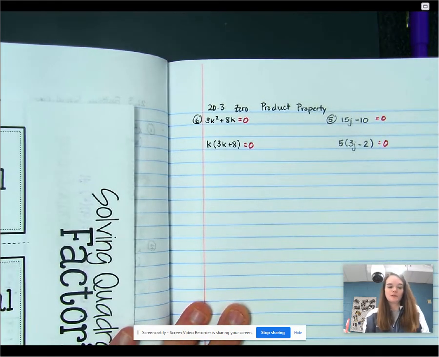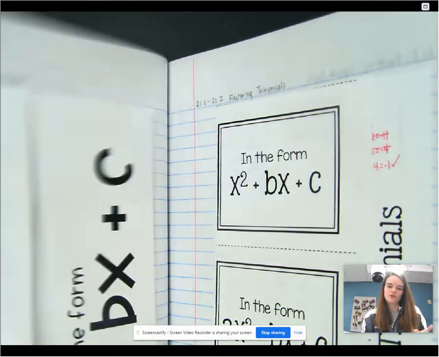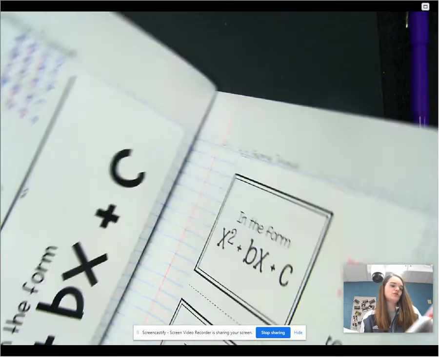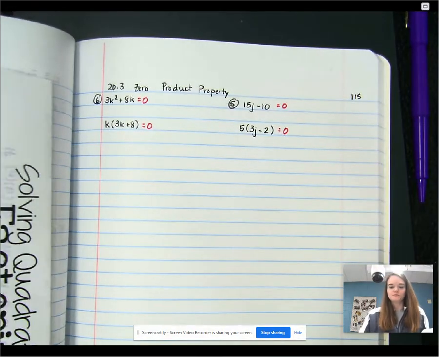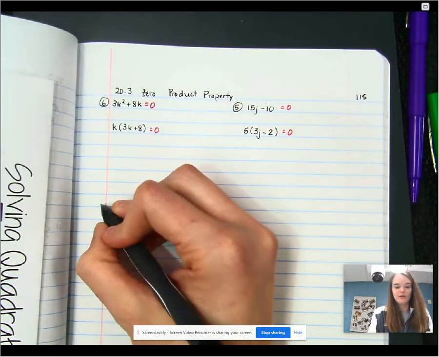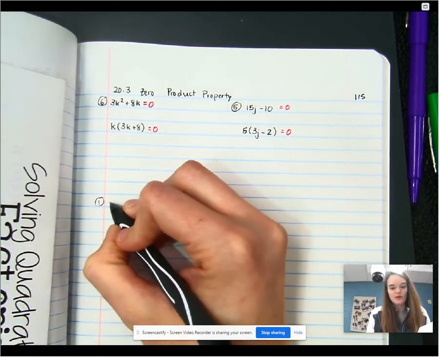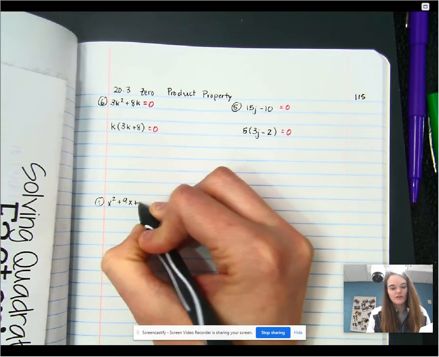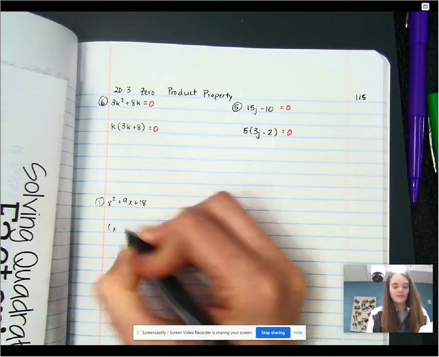Okay. Now, we're going to pick one from the trinomial page. So let's turn to the trinomial page. Let's factor the first one we did. Number 1. We're going to do number 1 from that page. And I'm going to label it number 1. And that's x squared plus 9x plus 18. I'm going to go ahead and give you the factors because that's the wrong one, guys.